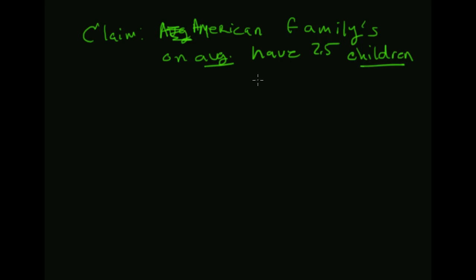So the average number of children that an American family has is 2.5. Like, no family has 2.5 children, that doesn't make sense, but the average number of children that a family has is 2.5.